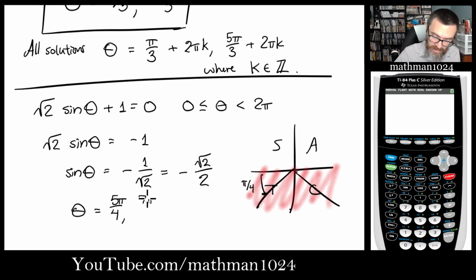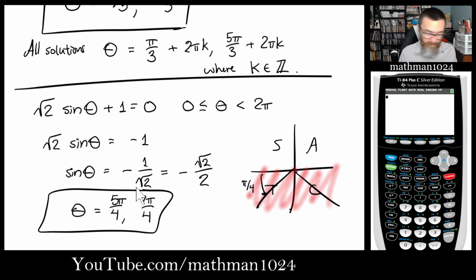So 7 pi over 4. At least that's how I think about it. I have no problems working with fractions or dividing up this xy plane or the unit circle into those nice fractional pieces. So there you go. Those are the only two solutions from 0 to 2 pi.